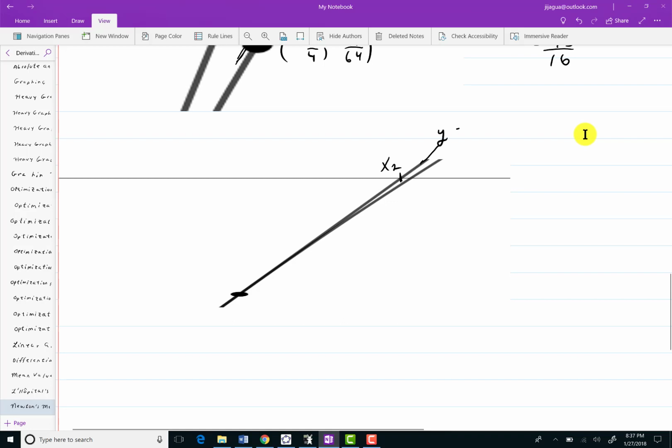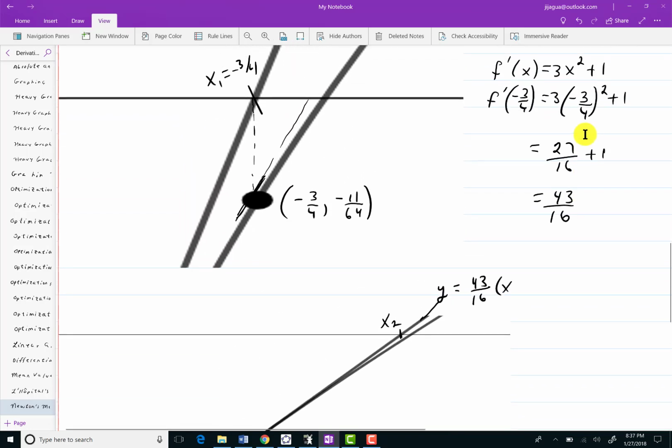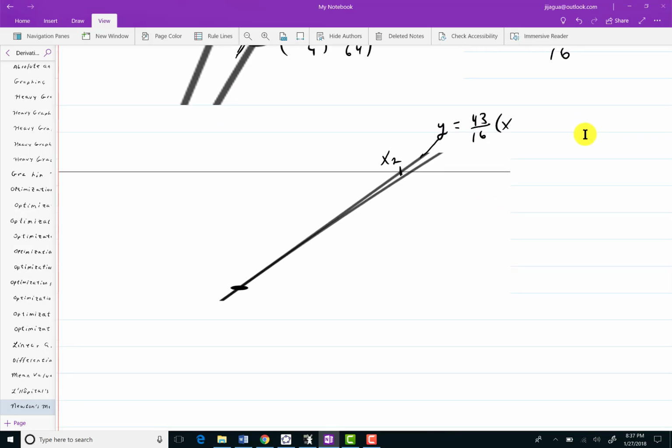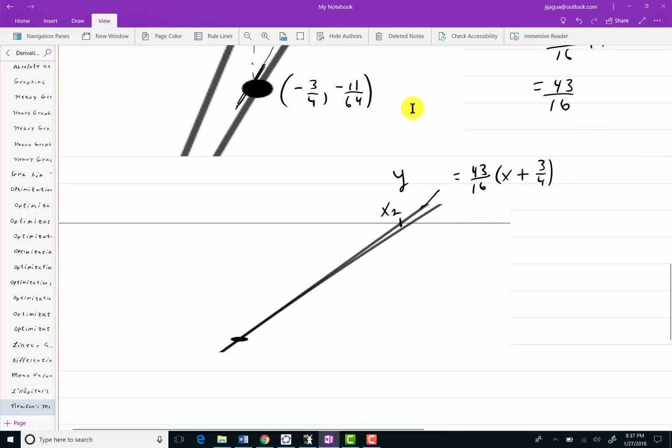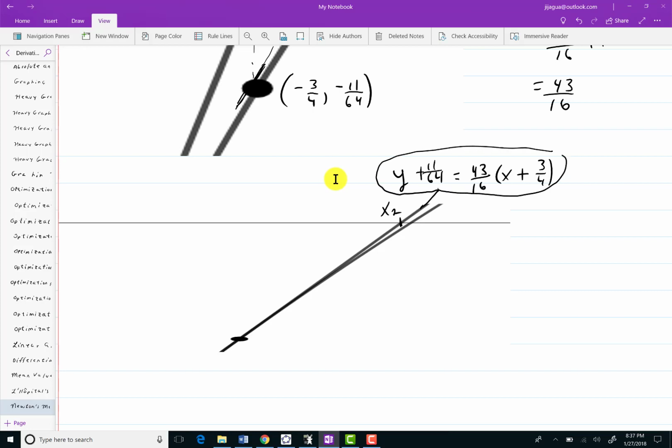Y equals 43 over 16 x. Now the x value was negative 3/4, so I'll have x plus 3/4. The y value, let me erase that y, not quite, that's y plus 11 over 64. So that there is the tangent line. I'm not going to bother solving for y.